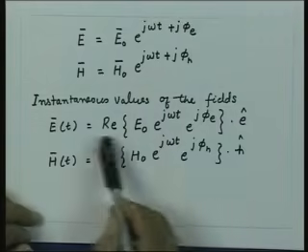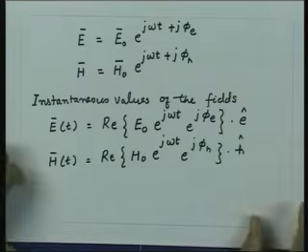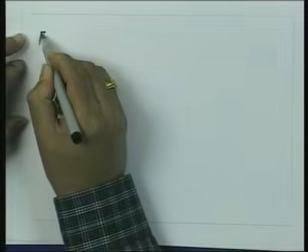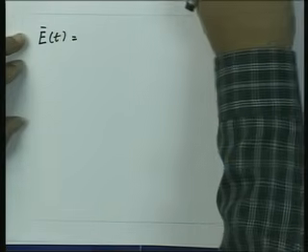Before that, let me separate out the real part. We get the instantaneous value E at t, which will be the real part of this quantity.